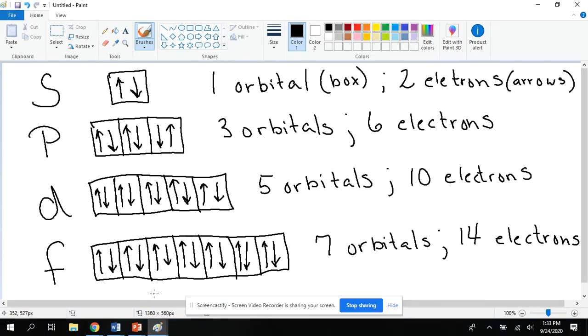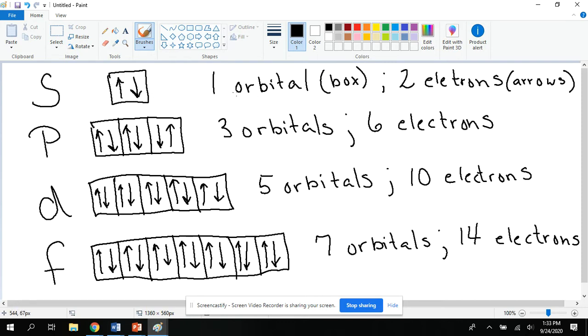Let's go into a little more of an explanation about these 4 orbitals: S, P, D, and F. When you're doing orbital notation, S's always have just one box. The arrows inside are electrons, and they have to have opposite spins. They have to go up and down. If they're in a box together, they have to have opposite spins.